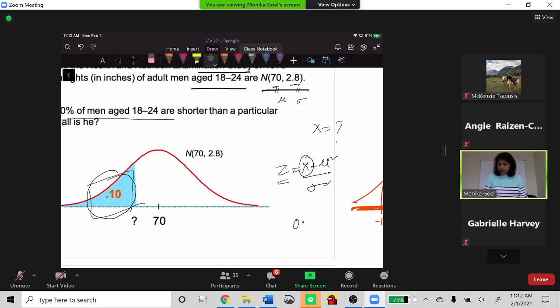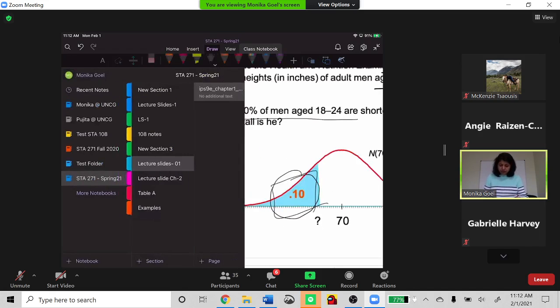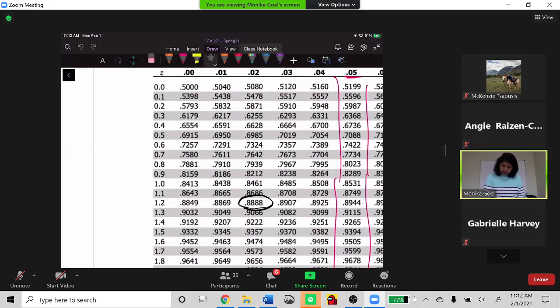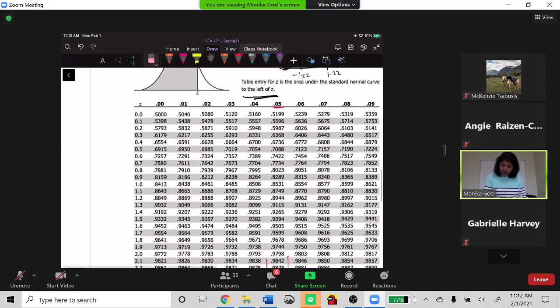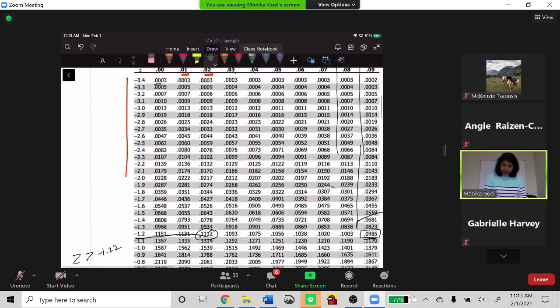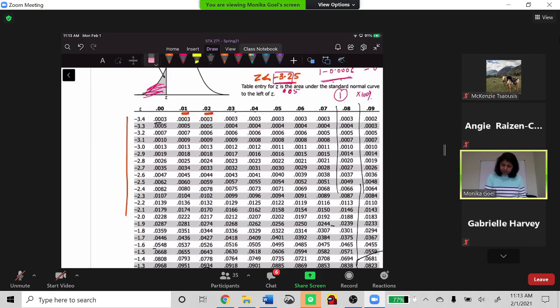So what I will do is go to the table and find the closest value to this in table A. So let me go back to table A, and last time we were using it, so let me start again. Now we are looking for 0.100, and if we look at the table, it starts from, first let me clean this part.